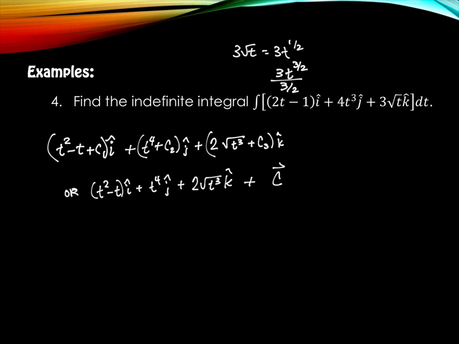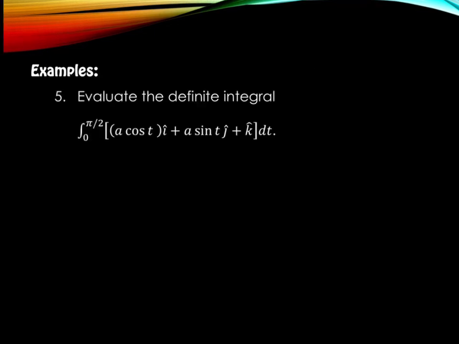Let's take a look at number 5. So number 5, same directions essentially, except that it's a definite integral, right? We've got limits of integration. So we don't need c's at all when we do definite integrals, right? Okay, so let's find the antiderivative for each of the pieces first. What is the antiderivative of a cosine t?